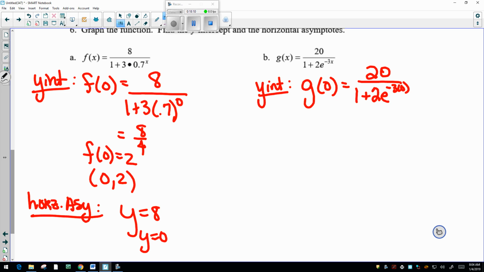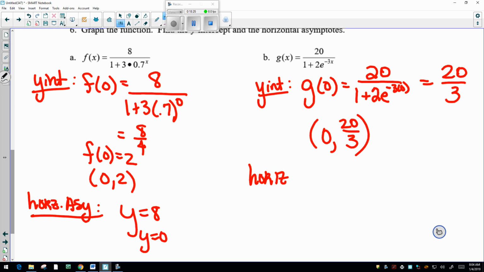So your denominator right now is 3. So we can say your y-intercept is at the location 0, 20 over 3. Your horizontal asymptotes, we can say again, we have 2 of them. It's always going to be that limit to growth, that numerator value, and y equals 0.